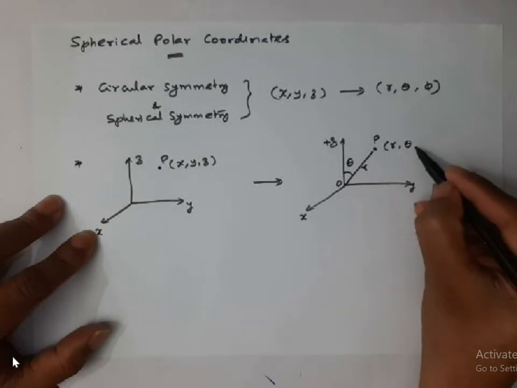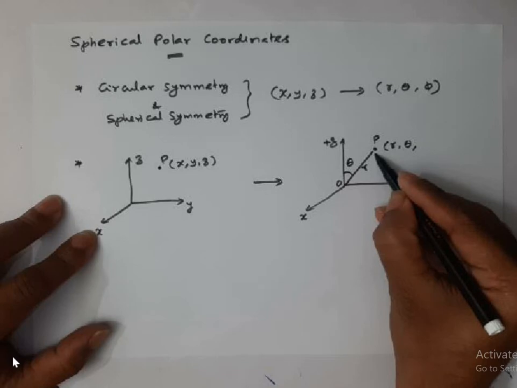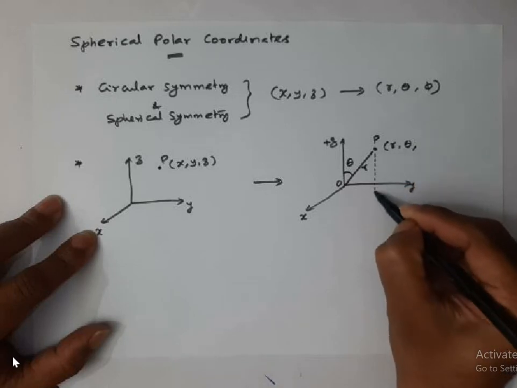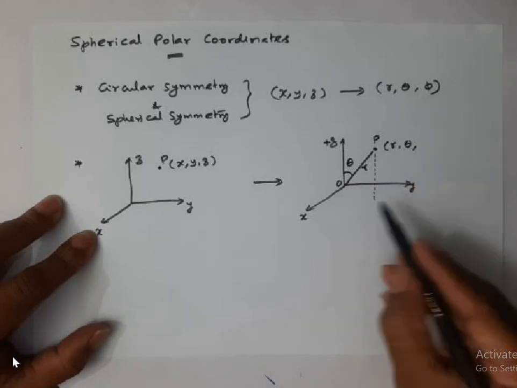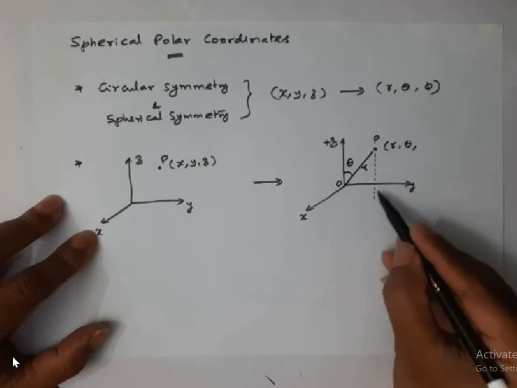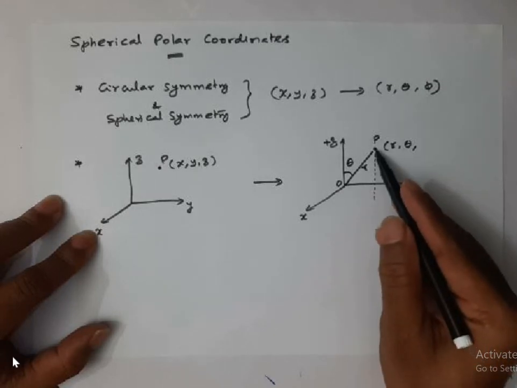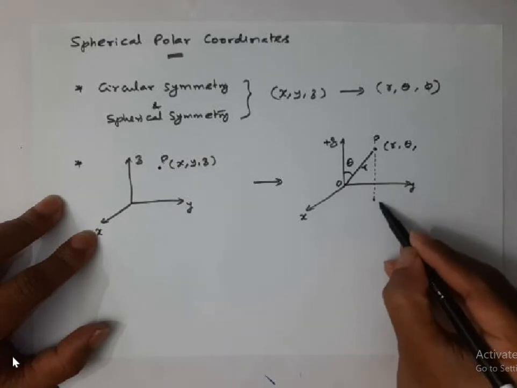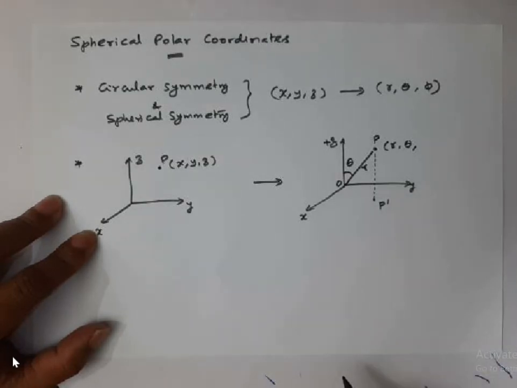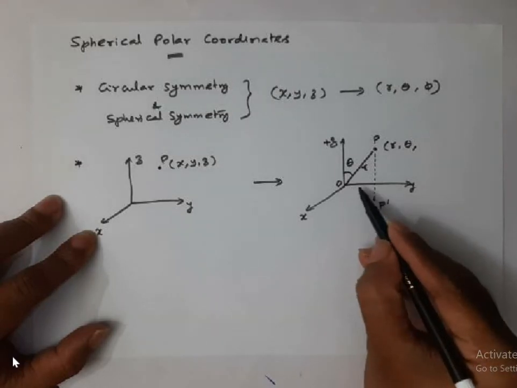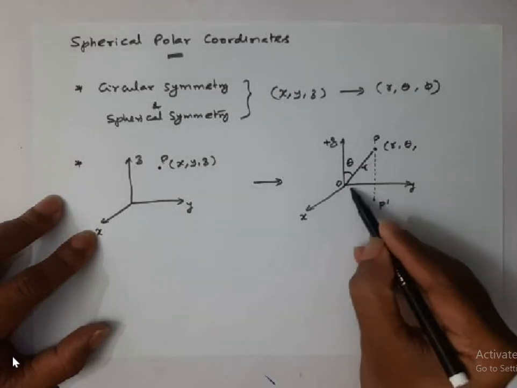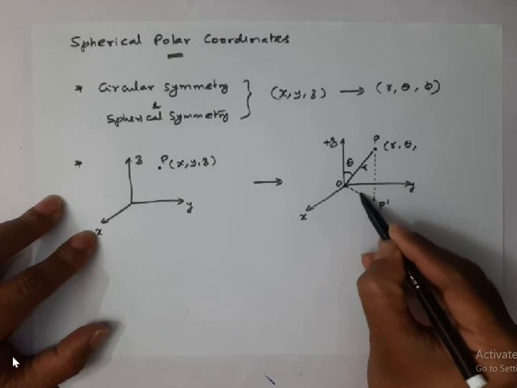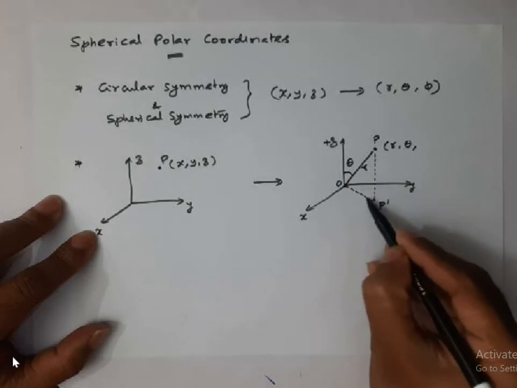Then the third coordinate. Listen, let me draw a projection of this point onto the xy plane. In the xy plane I'll draw a projection from point P. This projected point, let me represent as P prime. Now join the origin to the point P prime, and you'll get a new line.